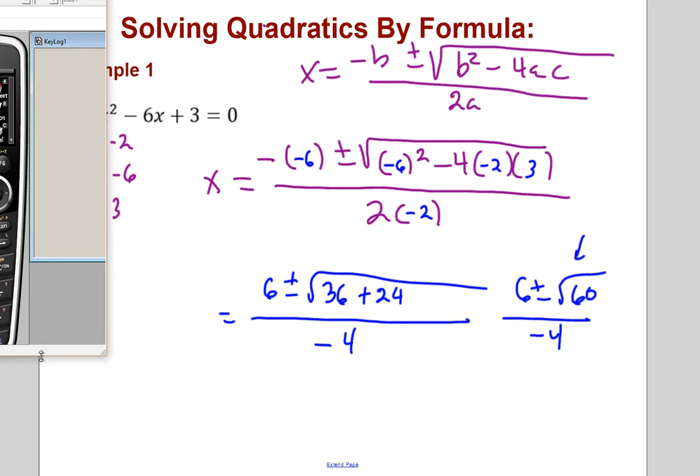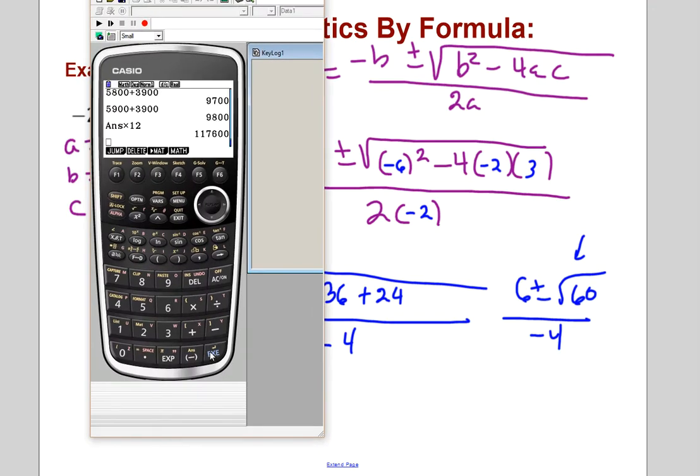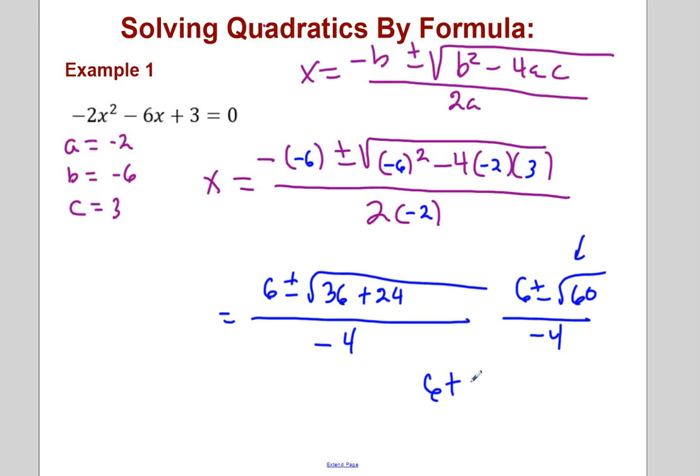Alright, so I'm just simply going to put it in. So delete, boom, delete all that. There we go. Now watch how I do this. I do the plus first. So I do 6 plus the square root of 60 over -4, and I just enter that into the calculator.